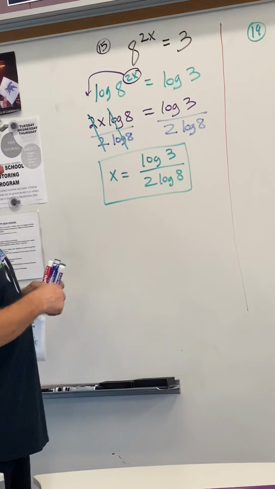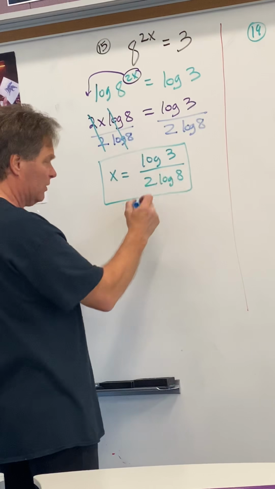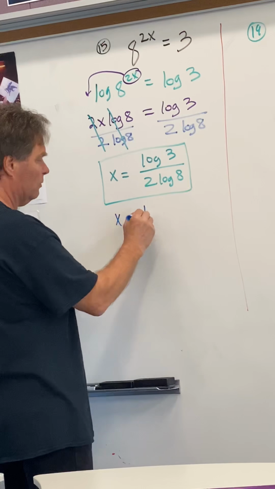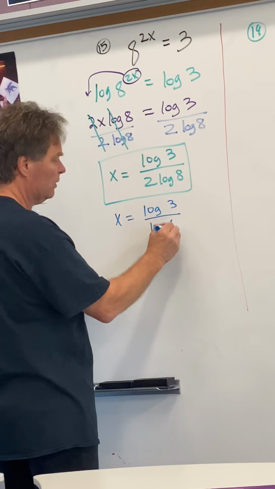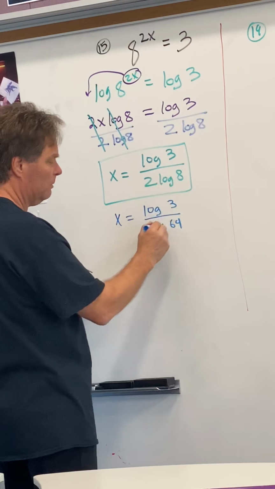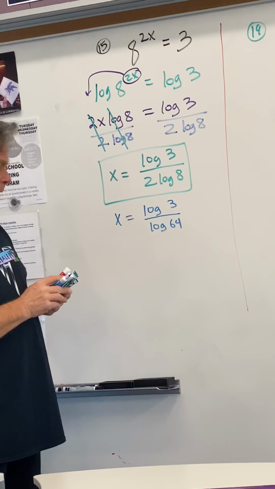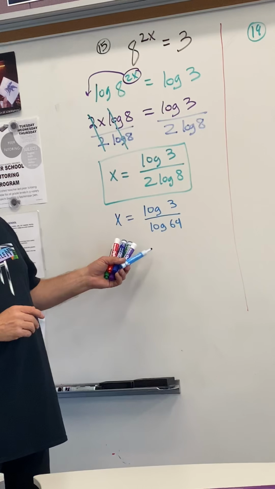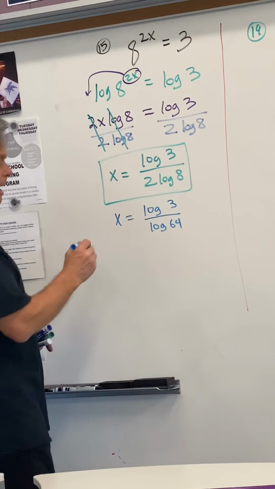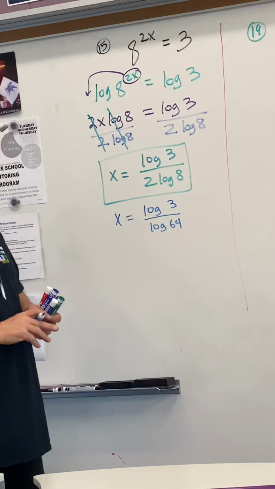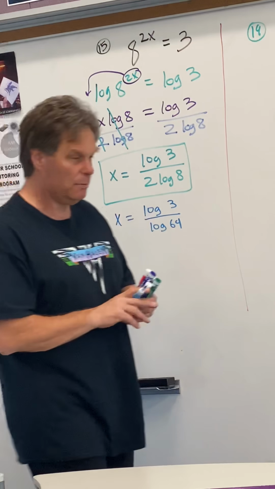But one thing I notice is this 2 can come over to this 8 and be pumped up as an exponent, so I get x is log 3 over log 64. 2 log 8 is the same as log 64. That would make it easier to type into the calculator, so I'd rather do that. In fact, even if you put that as the calculation ready form answer, I would be okay with that as well. So either way would be fine for calculation ready form.